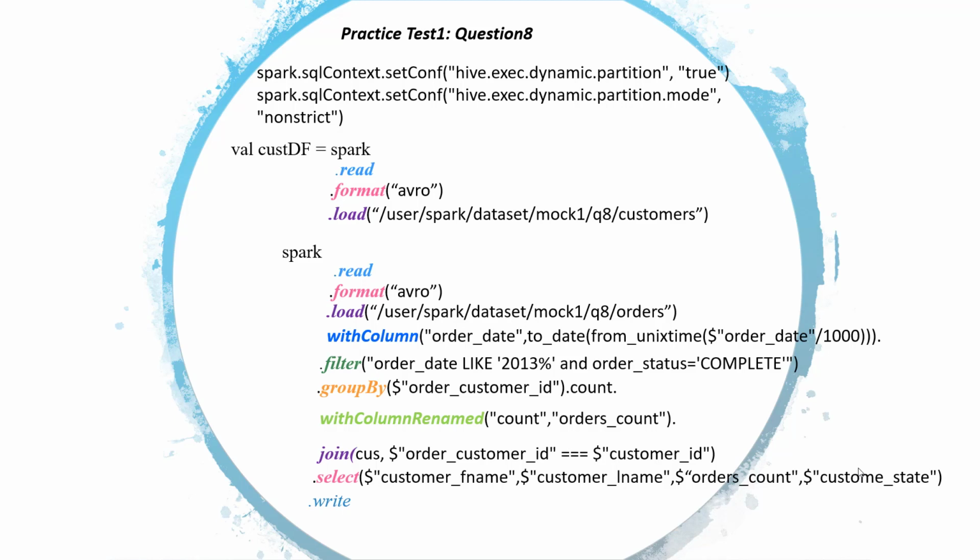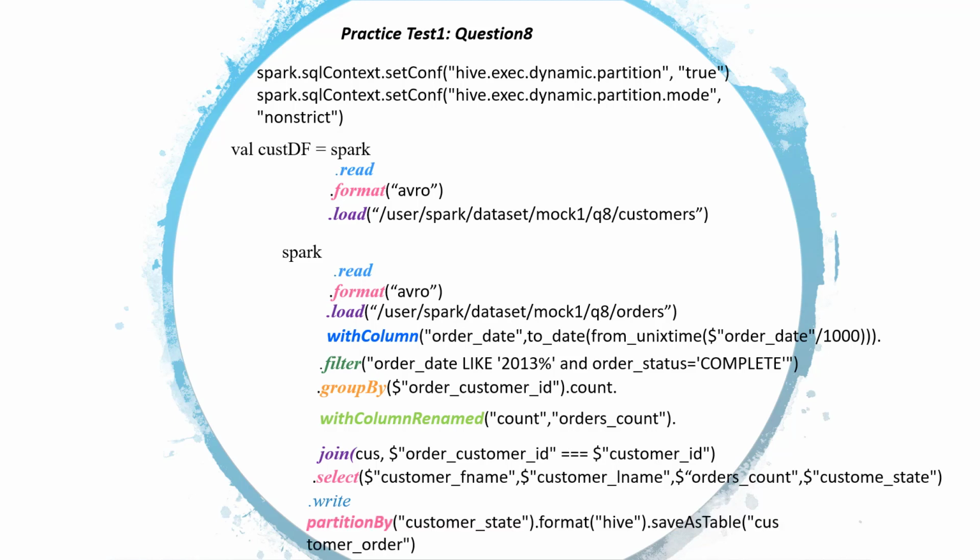You can simply say spark.sqlContext.setConf hive.exec.dynamic.partition true, and similarly you have to set hive.exec.dynamic.partition.mode to nonstrict. So remember these 2 settings and make sure whenever you have a question that is related to Hive and partitioning, these properties should be set.